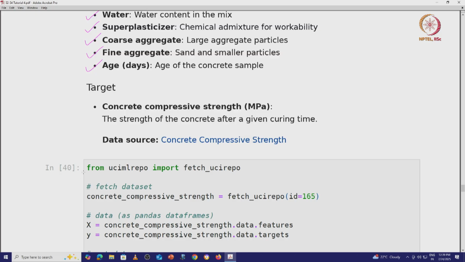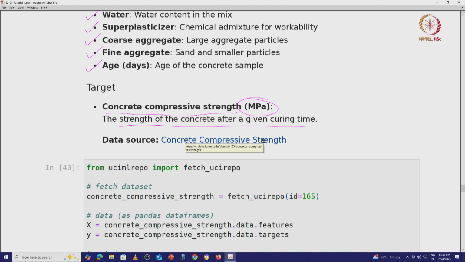And the target variable is the concrete compressive strength in megapascals, which essentially is the strength of the concrete after a given curing time. So the data source for this is the concrete compressive strength from this UCI dataset.